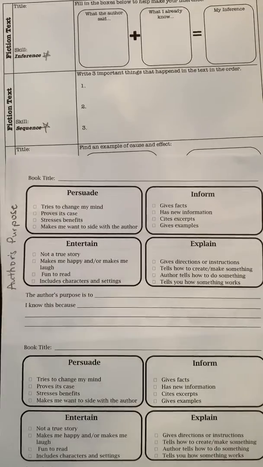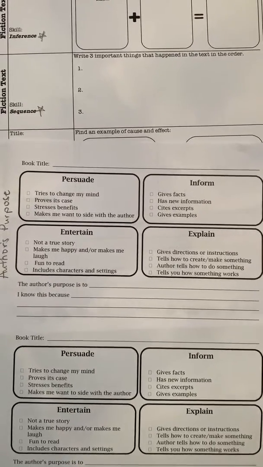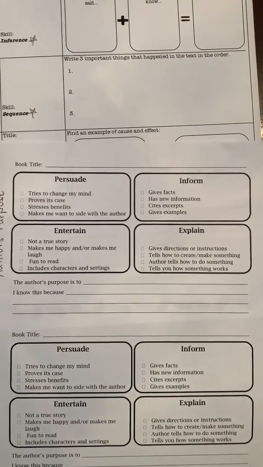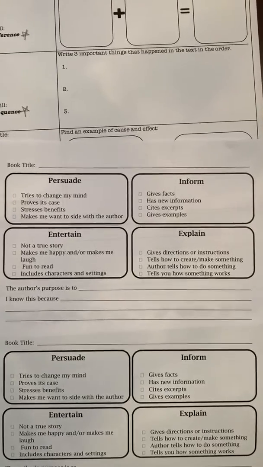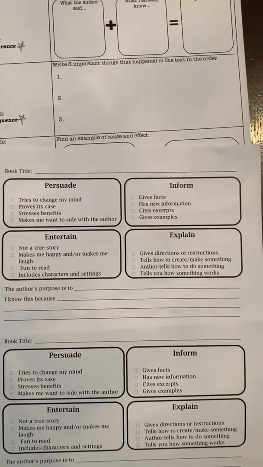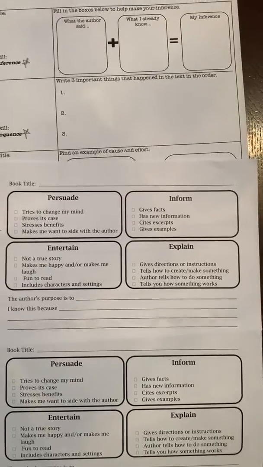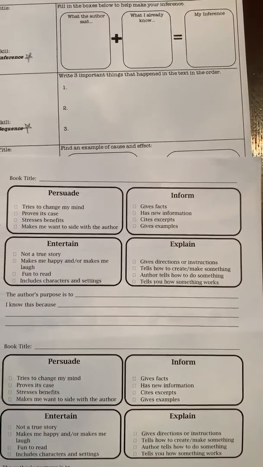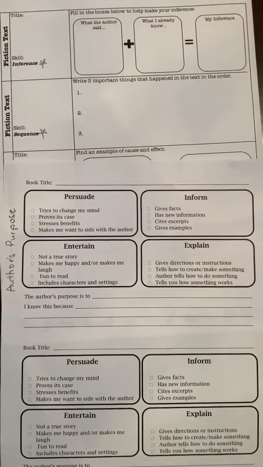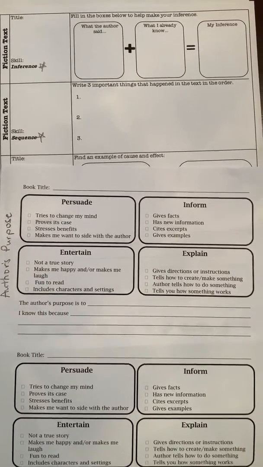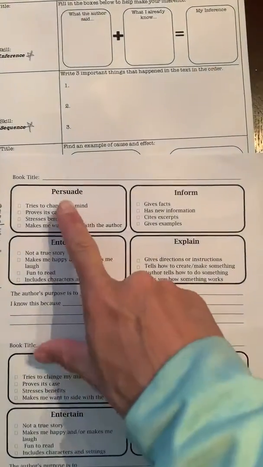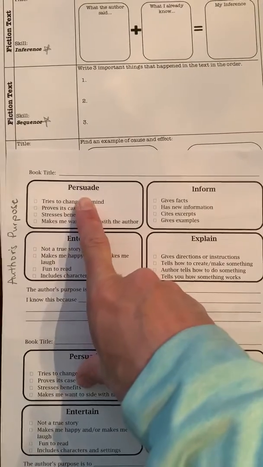In that writing, the author will prove its case, talk about all of the positive reasons why you should agree with them. A lot of politics. We'll hear a lot of persuasive ads during political seasons. So persuade is trying to get somebody to agree with you.